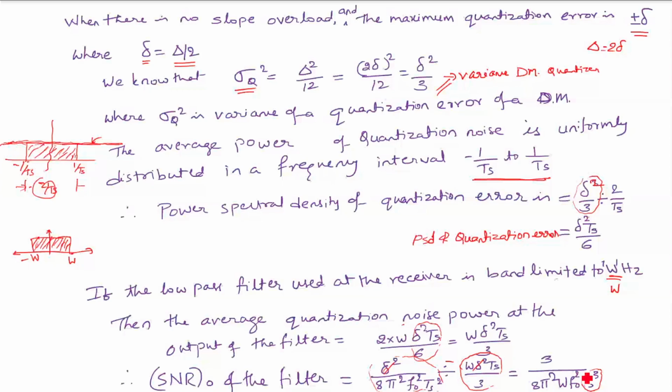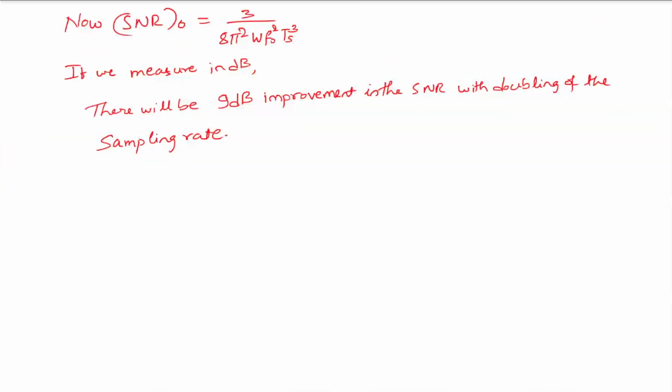I'll proceed then. So the signal to noise ratio, we have already obtained this: 3 divided by 8 pi square W F naught square into Ts cube. If we measure it in decibels, 10 log SNR, there will be a 9 dB improvement in the SNR with doubling of the sampling rate.